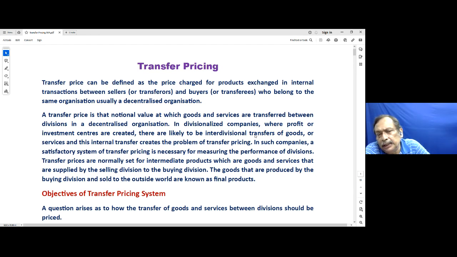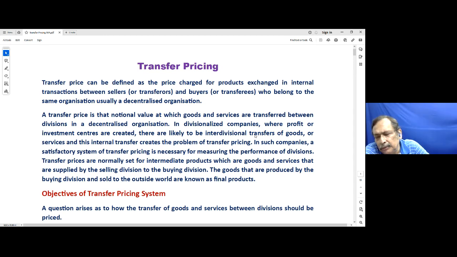Remember, in the context of transfer pricing mechanism, we are going to consider that there is decentralization and no question of centralization. Decentralization means that each division has the power to make some decisions individually and also has cost control power in their hands.